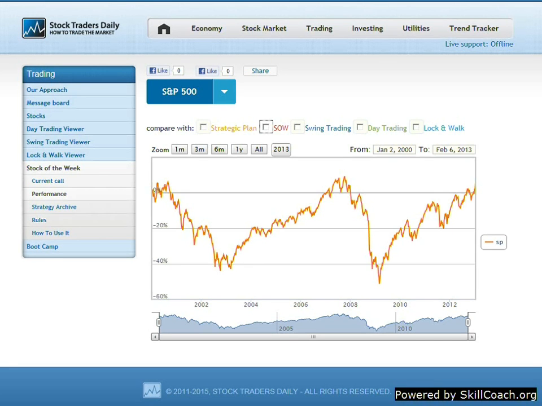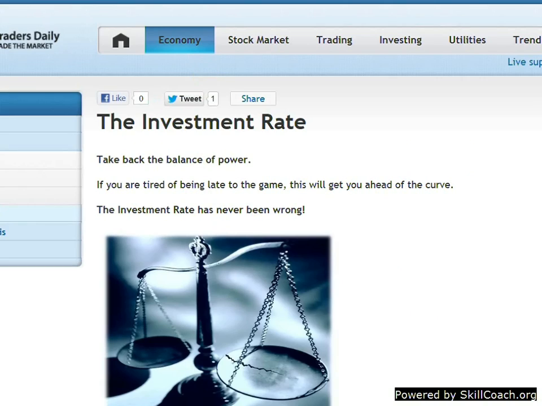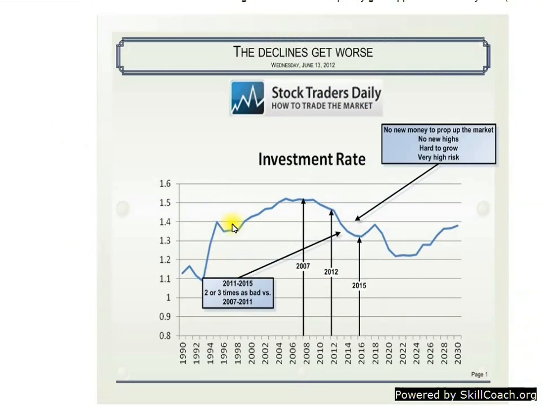Regardless of what you decide to do, you just need to recognize that the risks are extremely high. The market has fallen from these levels aggressively before, and it can do it again. We also know that the investment rate tells us that the declines get much worse. We know that liquidity is not what it used to be.